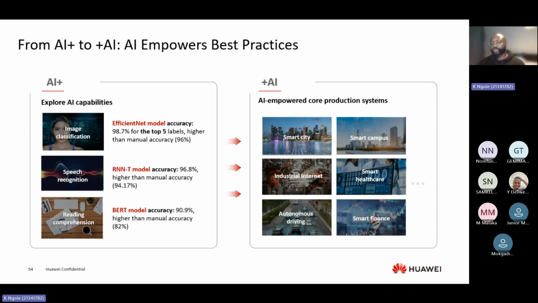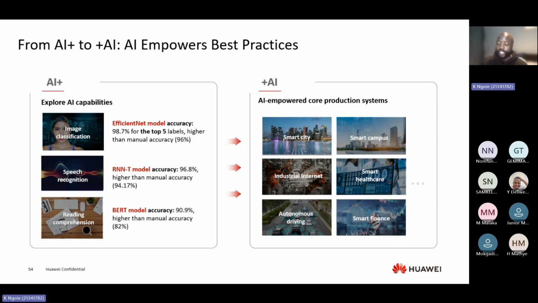You're going to be able to build systems for smart cities, smart campus, smart healthcare. That means we can create a system in the healthcare industry where, for example, in the labs, in all the research on medications, everything is done by AI.